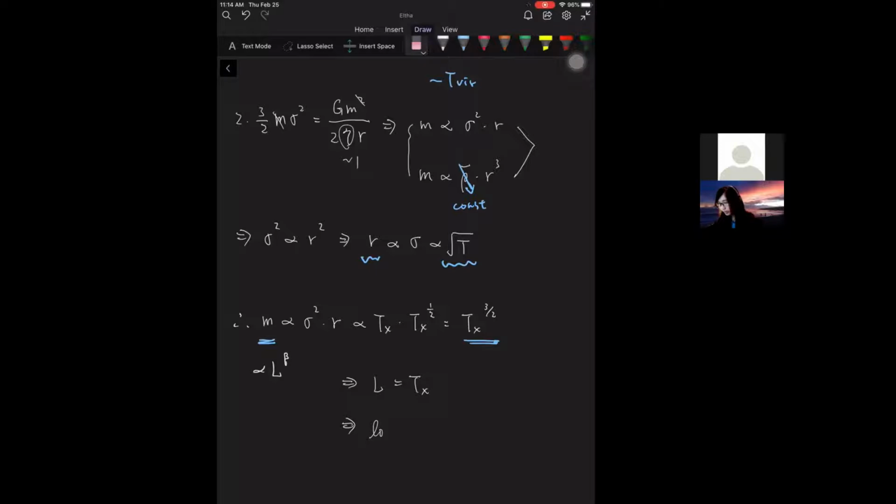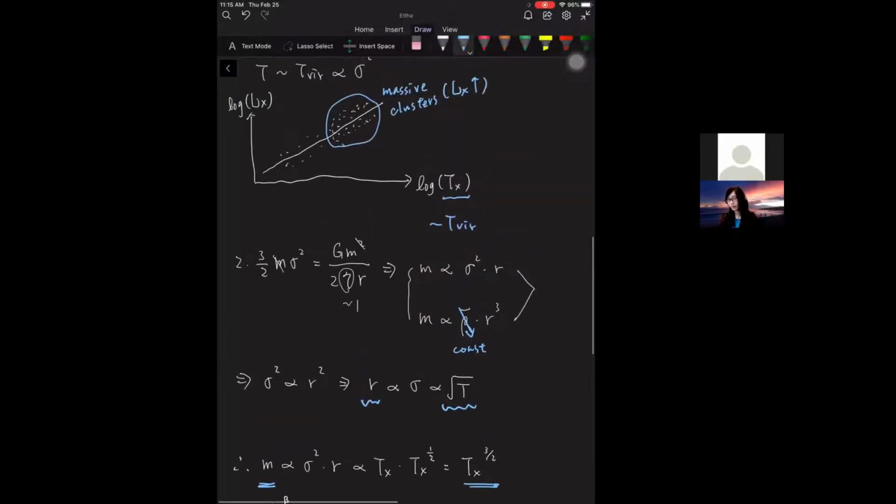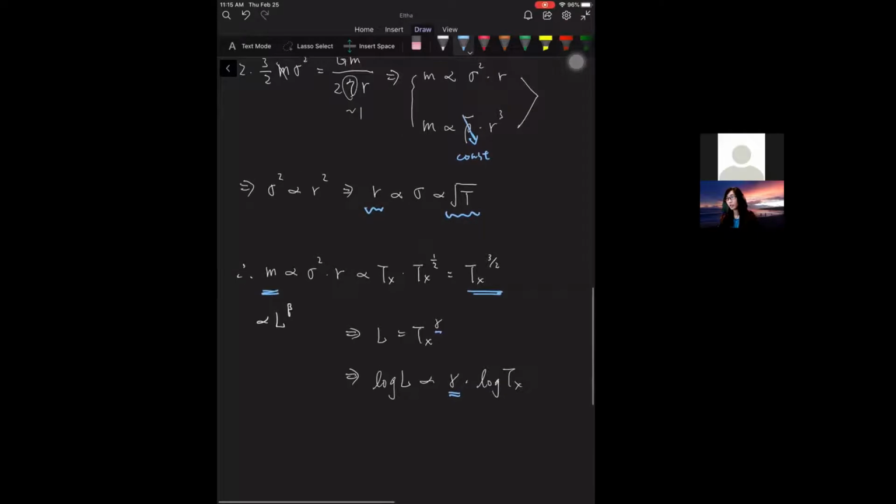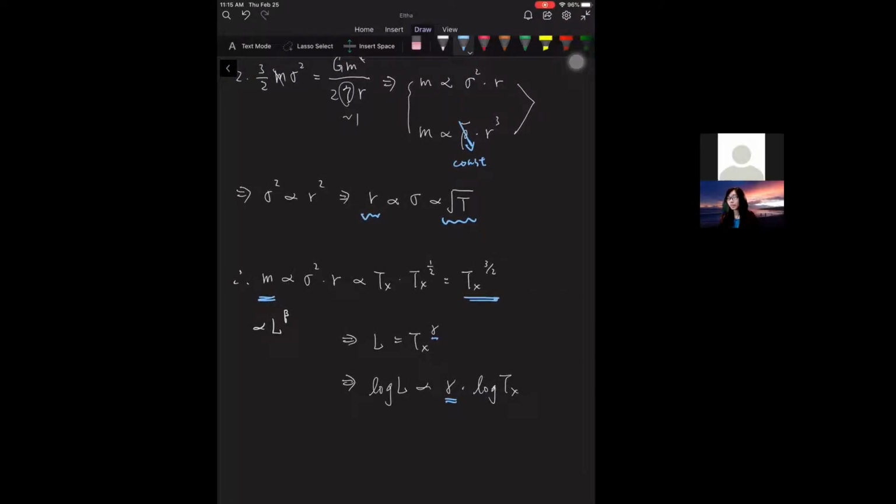So let's assume the exponent is gamma, then we will get log L proportional to gamma times log T. So the exponent will turn into the slope in the log-log plot. So this can explain a linear relation between log Lx and log Tx. Okay, so this is the first part.